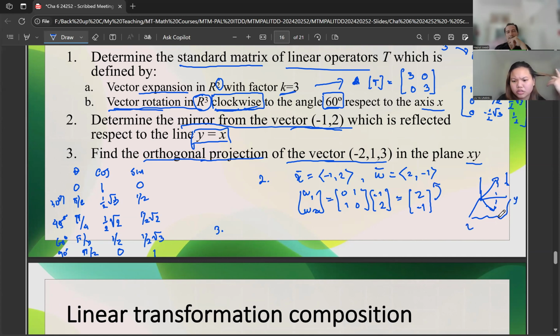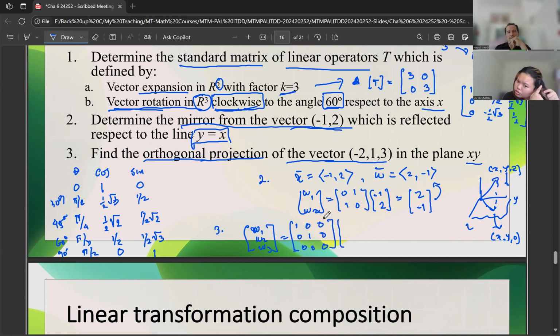So xyz becomes x, y, and 0. So the orthogonal projection to that plane makes the z value 0. So we have that the result will be W1, W2, W3, and we must multiply by the projection matrix for the xy plane, which is 1 0 0, 0 1 0, and 0 0 0.